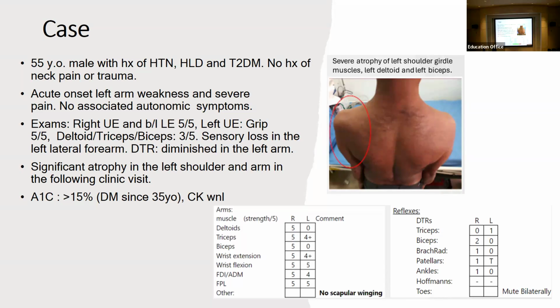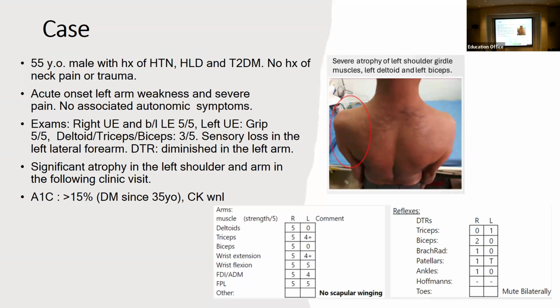On exam, you'll find the right upper extremity and bilateral lower extremity strengths are full. On the left upper extremity, the distal strength, the grip strength, is 5/5, while the deltoid, triceps, and biceps are 3/5. The patient also complains of sensory loss in the lateral forearm, and the deep tendon reflexes are diminished in the left arm compared to the right side.